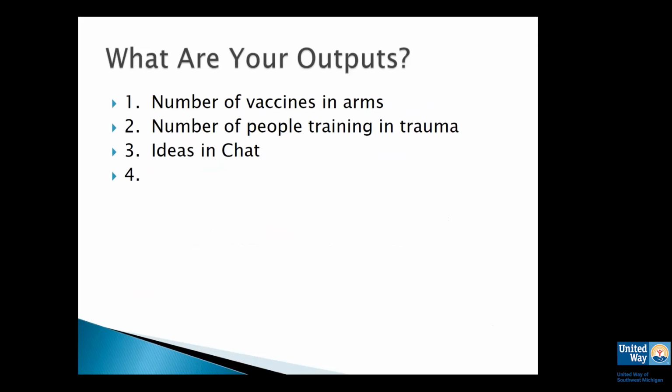Okay, so throw some outputs into the chat if you would be willing to. What are some things that you can measure that are just counting the numbers of things? I'll wait just a second and read some off as they come across. I gave a couple of examples, numbers of vaccines. Okay, yeah, number of parents attending a program, assistance to meet emergency needs, right?